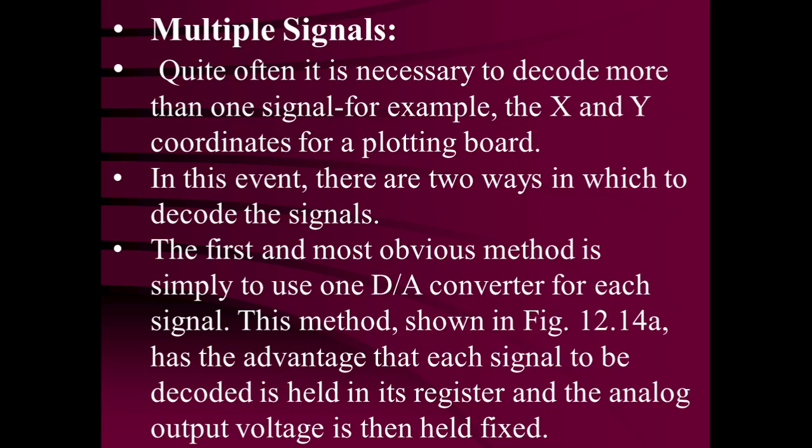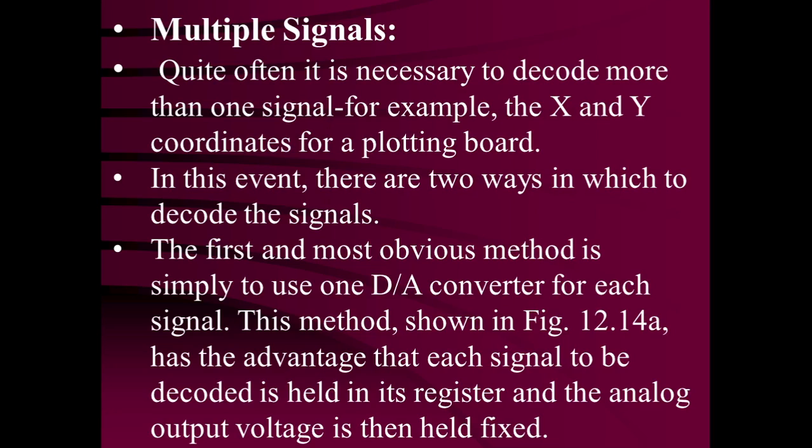For that, one information is decoded for the X coordinate, another for the Y coordinate, and a third for the Z coordinate, and that way the plotting is going to be possible. This is called multiple digital signals coming in, and they should be decoded.